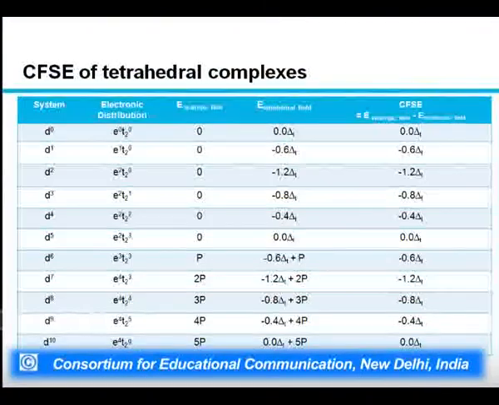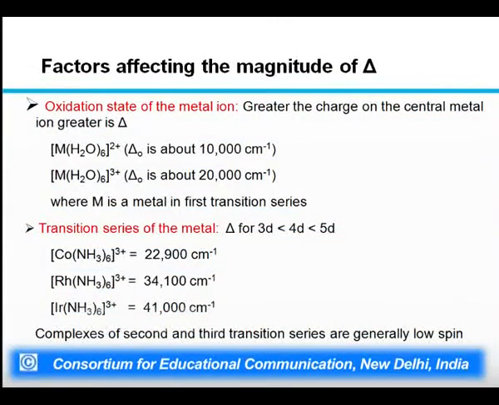Now, this table gives you the CFSE for tetrahedral complexes for all the d^n systems from d0 to d10. Now, suppose we have been given a metal and a ligand, and the complex is MLn to some charge, say m minus. Will delta depend upon these four entities forming the complex?